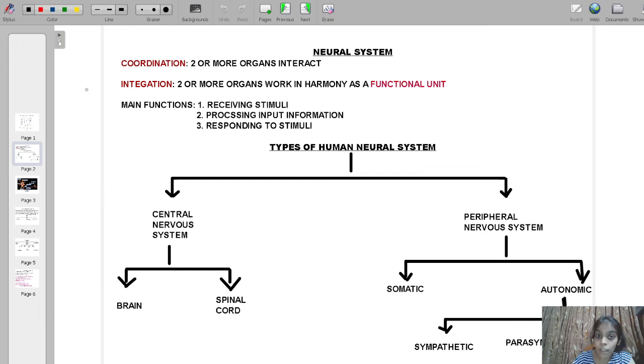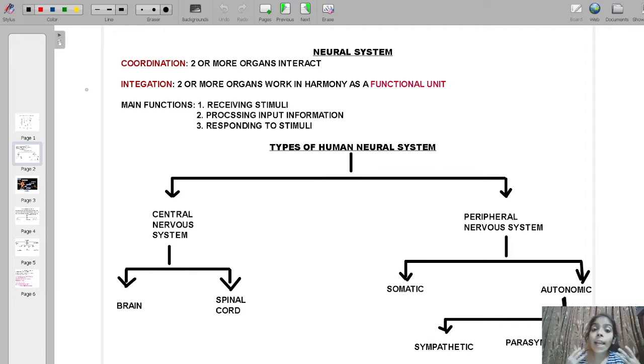That hunger is a stimulus. And automatically my response would be, I'll go and have my dinner. That will be the response, that will be the effect. Hunger was the cause and the effect was me taking my dinner.